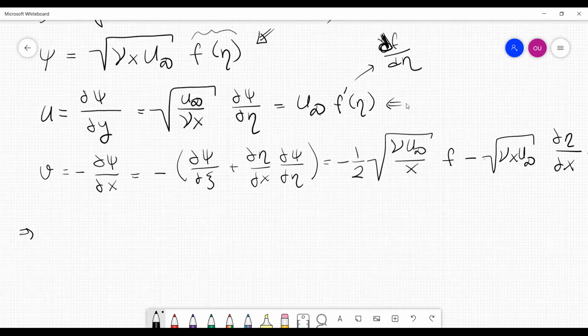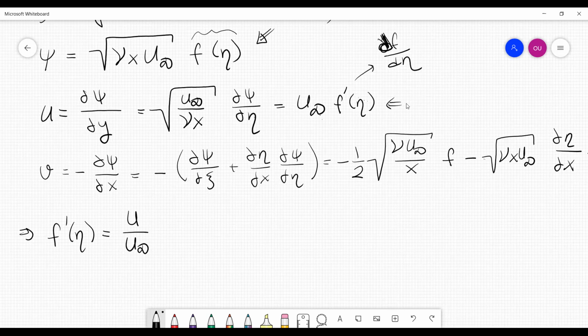So the first derivative of this function is equal to u over u infinity. For a given constant u infinity, for a flat plate problem the free stream velocity, f prime eta will directly give you the u velocity component within the boundary layer, okay?